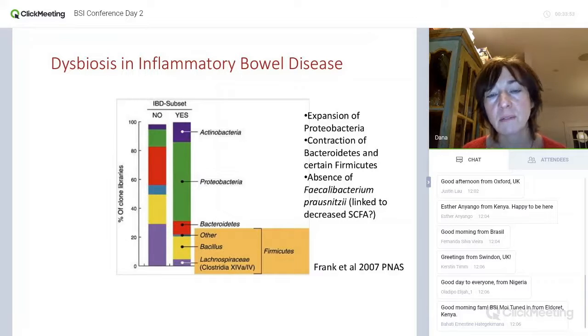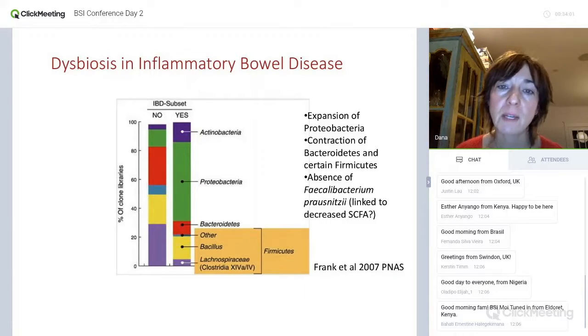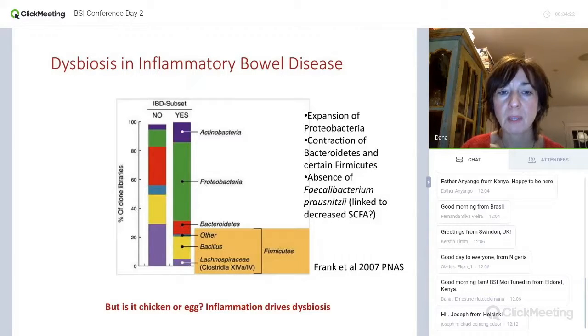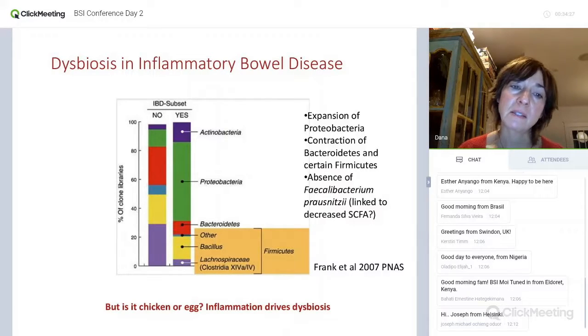And one of the interesting findings that has been continually shown is the absence of this organism called Faecalibacterium prausnitzii. It seems like this bacteria, in in vitro studies and some in vivo studies, has some protective effects against inflammation. So this species of bacteria consistently drops out of the microbiota in cases of inflammation. But one question, the problem with these studies is: is this the chicken or the egg?